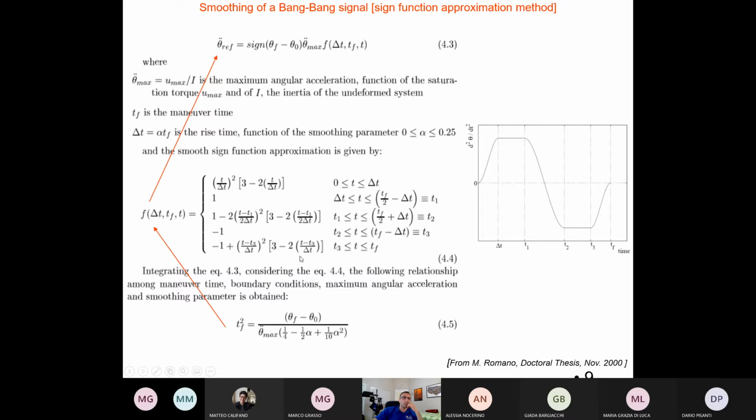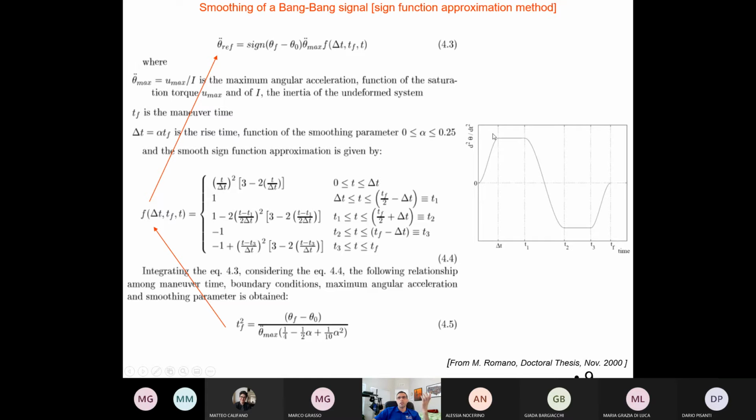And so this is a mathematical form to do that, where you decide, okay, I want to reach, say, from 0 to the maximum torque in a certain interval of time, delta t, and then go down in 2 delta t to the minimum torque, and then go up to 0 again in the same amount of time. And so these are the equations that give you how you would reshape the bang-bang and the new calculation of the final time, which is, of course, longer.